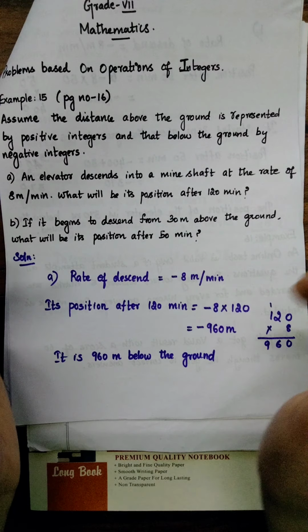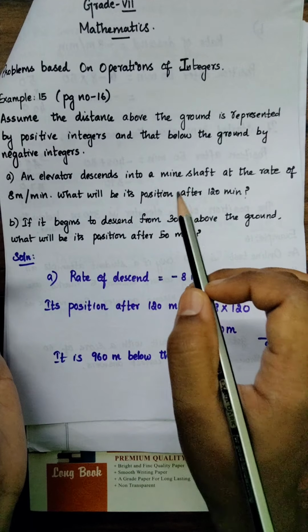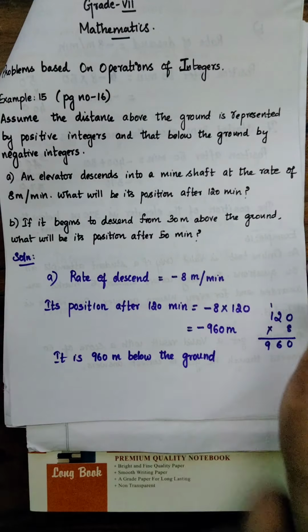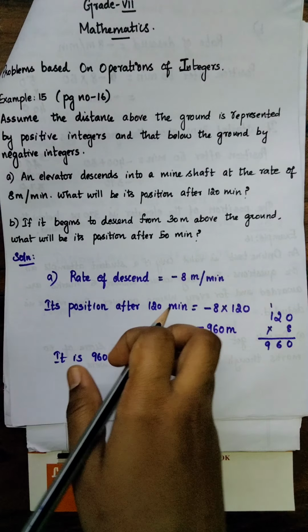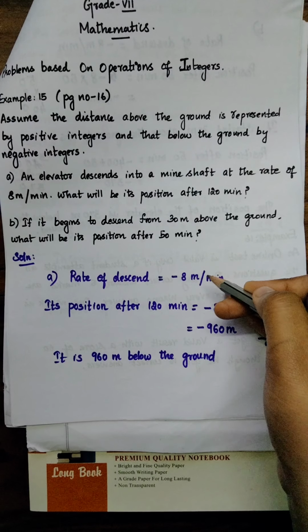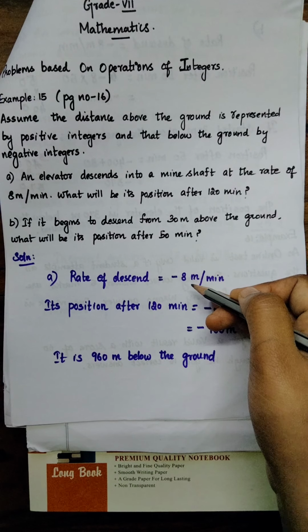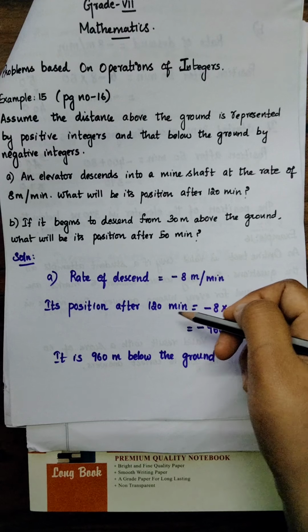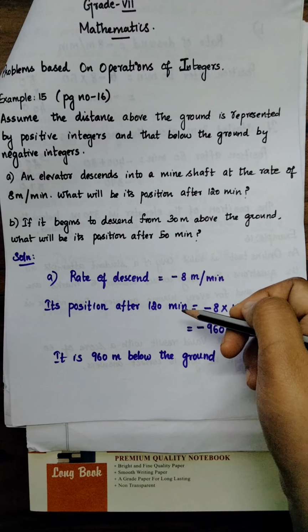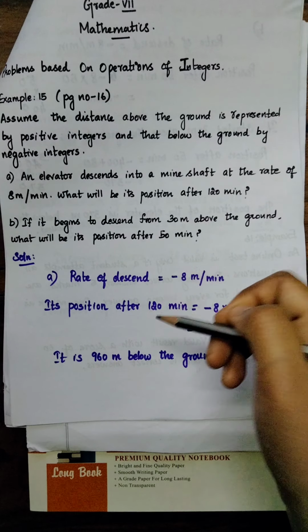Understand? Next, what will be its position after 120 minutes? For 1 minute it is going down minus 8 meter. We are going to calculate for 120 minutes. So what will you do? We will multiply both the numbers, right?